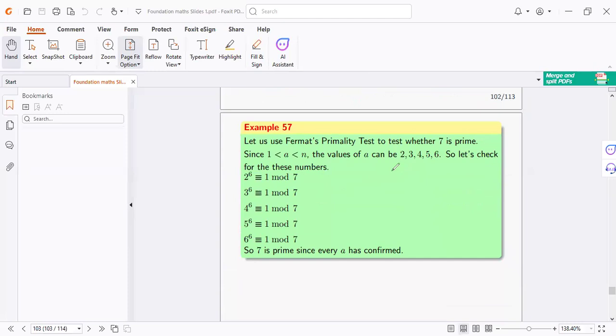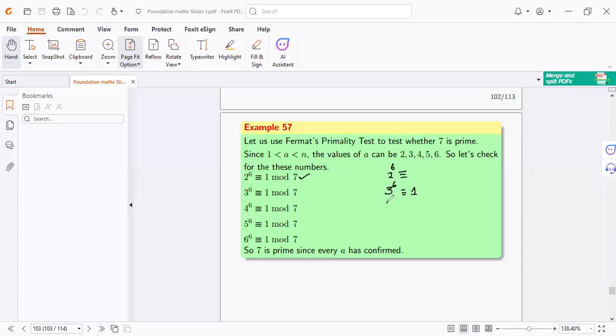So I test 2 raised to p minus 1, and I want to see what I get. When I did that, I got 1 mod 7. Then I decided to test 3, and 3 gave me 1 also.